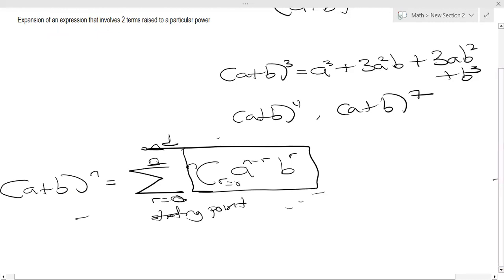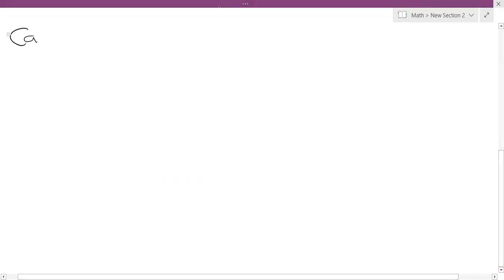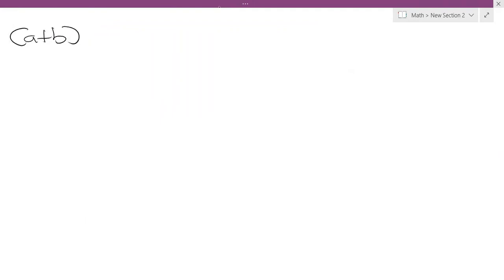So let's try a plus b raised to power 4 now. Our n here is 4.